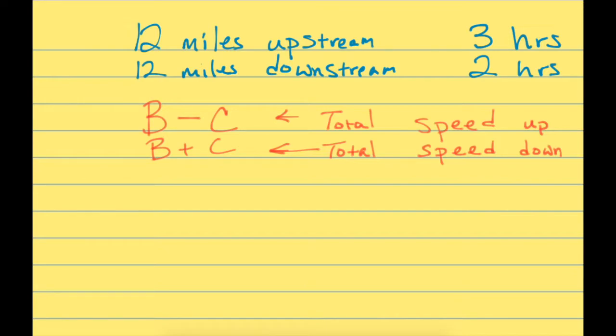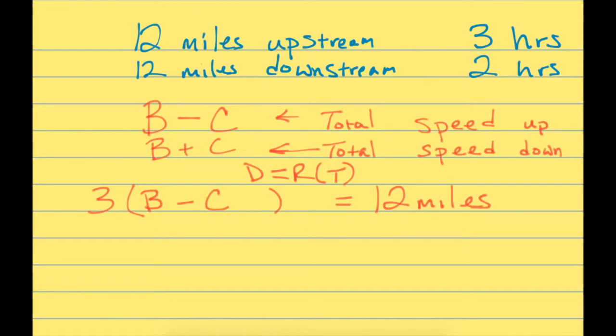So let's look at this. The distance that he traveled upstream was 12 miles. And we know that distance equals rate times time. Now the time it took him to go upstream was 3 hours. And we're going to multiply that by the speed of his boat minus the speed of the current.